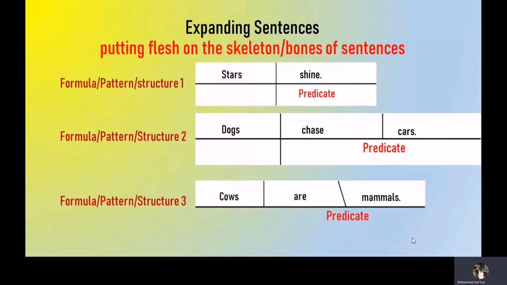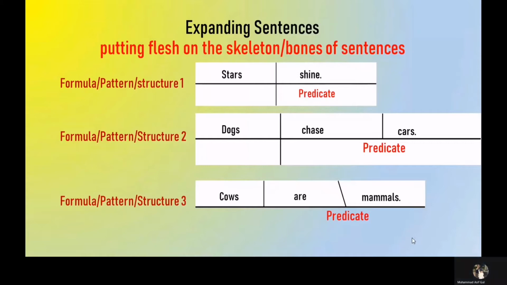Then we have formula 2 or pattern 2 or structure 2, and this is a three slot sentence structure. The first slot contains subjects, the second slot contains verbs, and the third slot is for the objects.